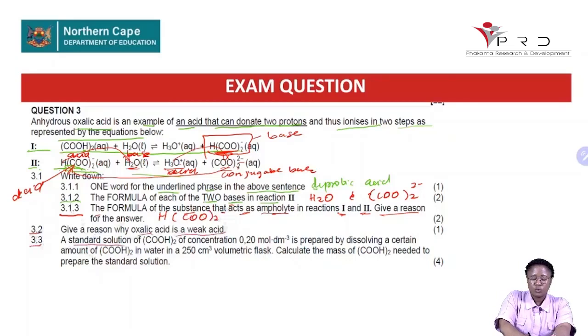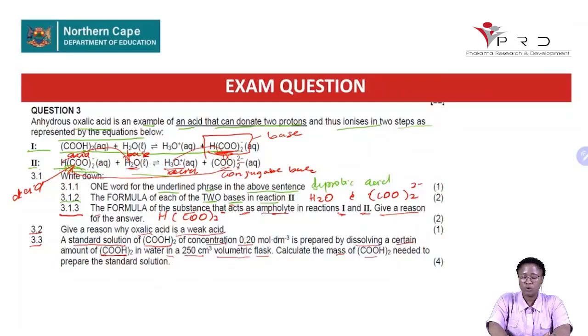A standard solution of (COOH)2 of concentration 0.2 mol/dm³ is prepared by dissolving a certain amount of (COOH)2 in water in a 250 cm³ volumetric flask.